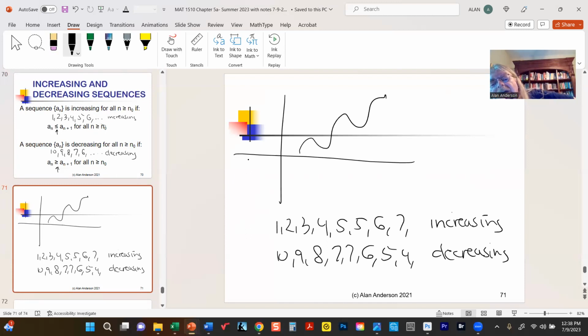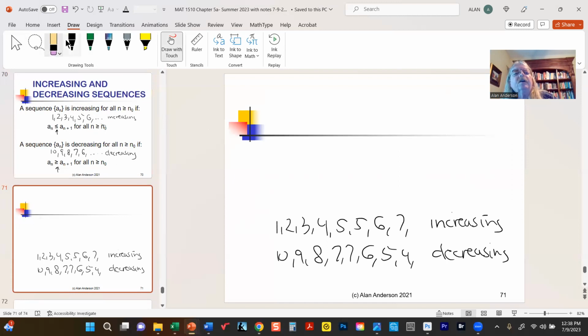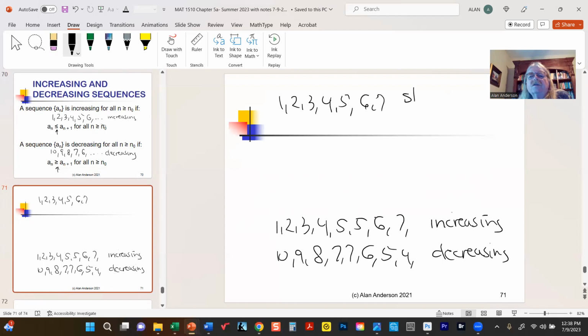Now, by the way, if you want to avoid that, here's what will end up happening. If you are only interested in a sequence where it always, always goes up, something like this, then the adjectives are a little bit different. Instead of calling it increasing, we call it strictly increasing to indicate that there's no exceptions.